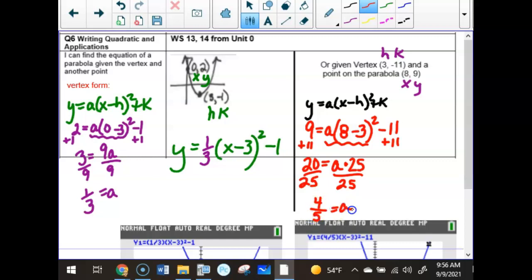Does that sound right, guys? So the final answer would be y equals 4/5 x minus 3 squared minus 11, because again, you're putting the vertex in.